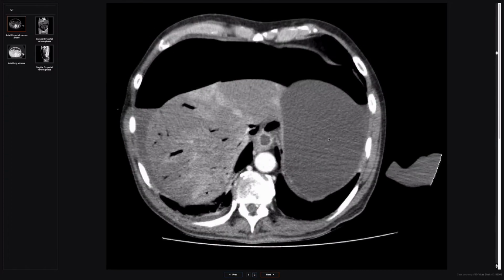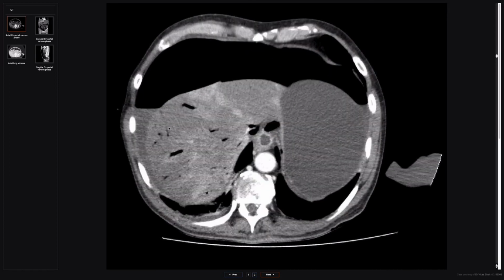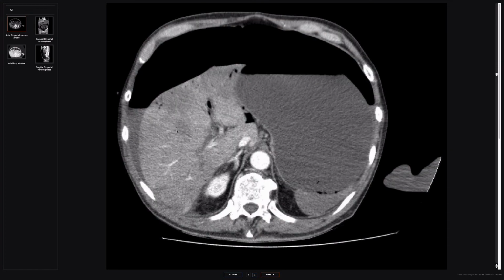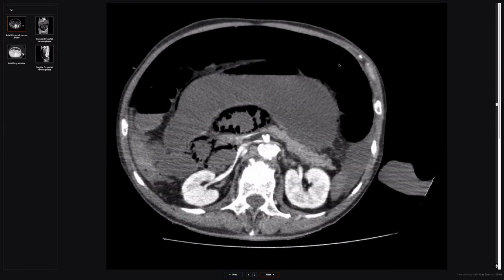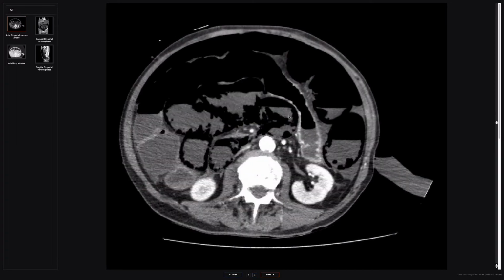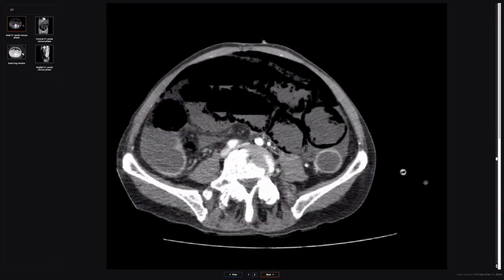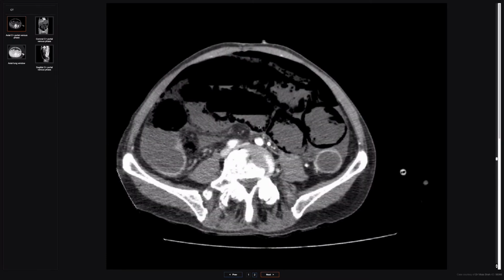So if we go to this person's CT, then obviously it's way clearer. So if I scroll through these axial images, there's actually gas here within the liver, which is not biliary because it goes all the way to the periphery. So this is portal venous gas. And then we've got a large pneumoperitoneum, all of this free air anteriorly. And then everywhere you look, there's gas in the wall of the bowel. Okay, so this is essentially frank necrosis of the bowel with gas in the bowel wall, pneumatosis.